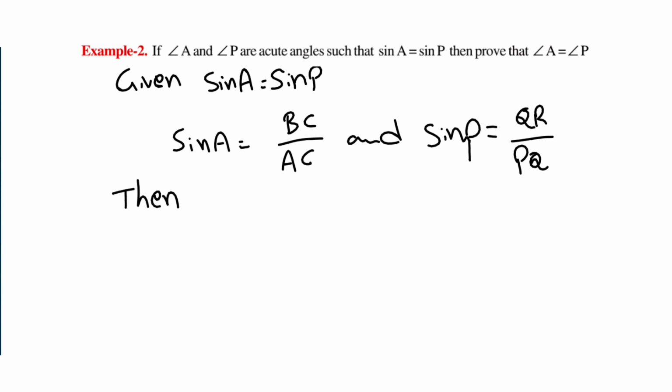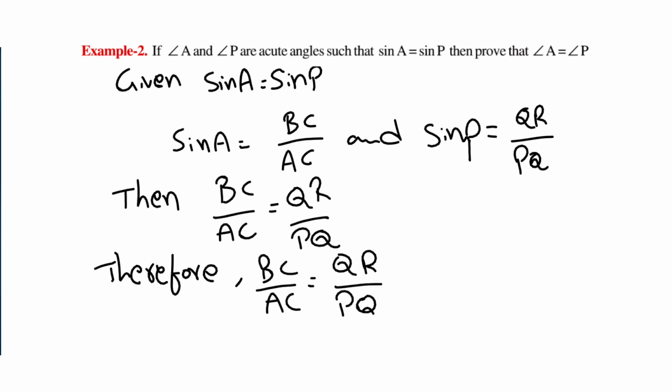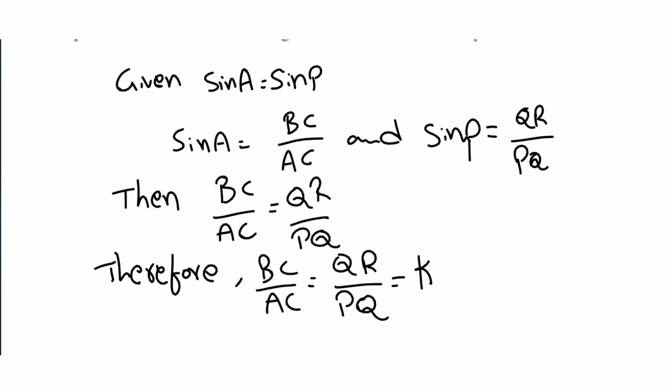Then BC by AC equals QR by PQ. Therefore, BC by AC equals QR by PQ, that equals some constant value K.